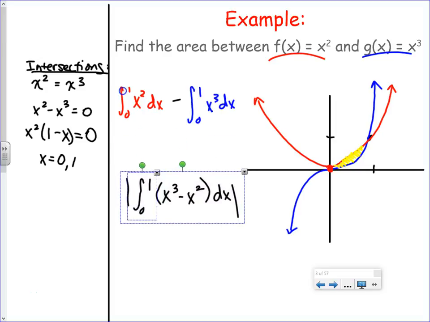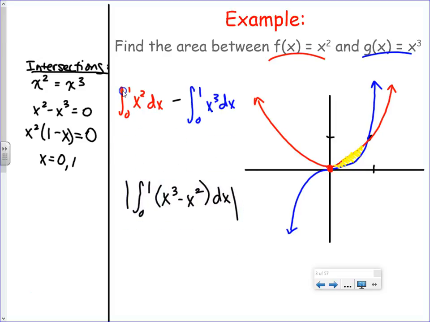Why? The only time we can't pull the absolute value out of the integral is when? What do we have to do before we can pull the absolute value out? Check for discontinuities.